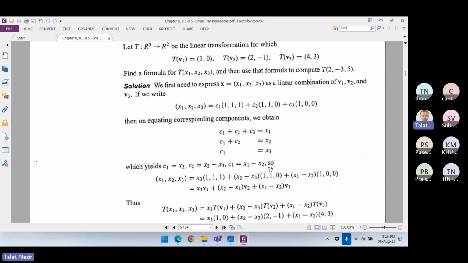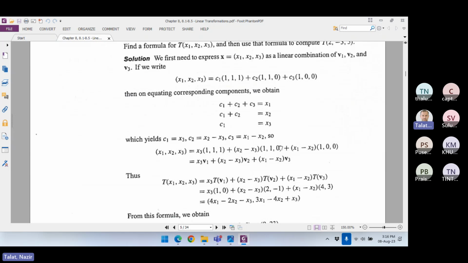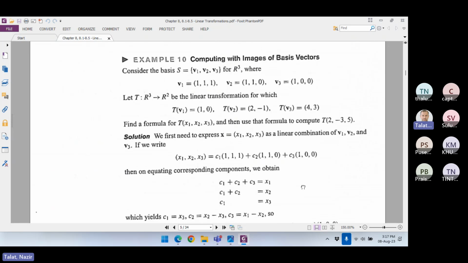It means (x1, x2, x3) is equal to this combination, and these are the values. Now we know that T is a linear operator. If we apply T on both sides, T can be split into this form, as we know from the above formula.